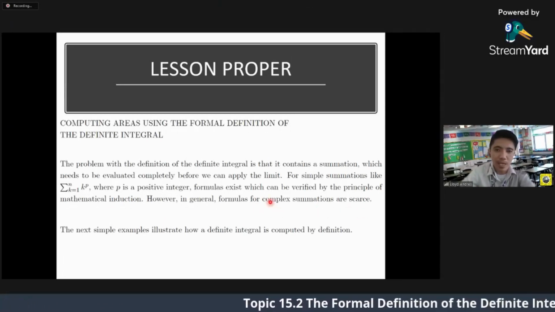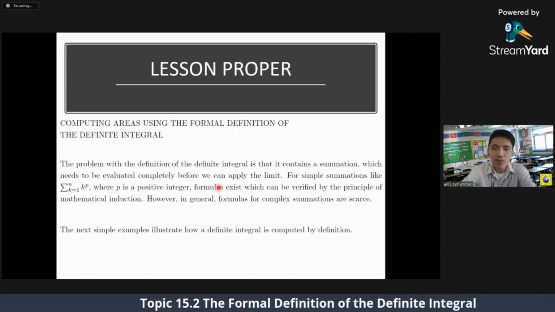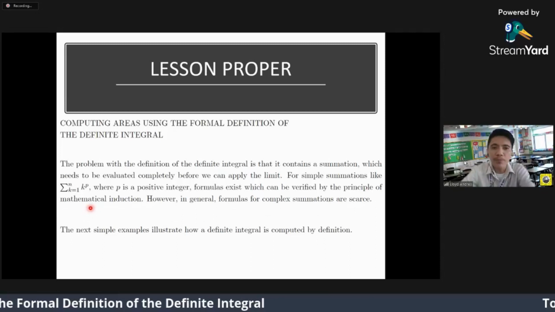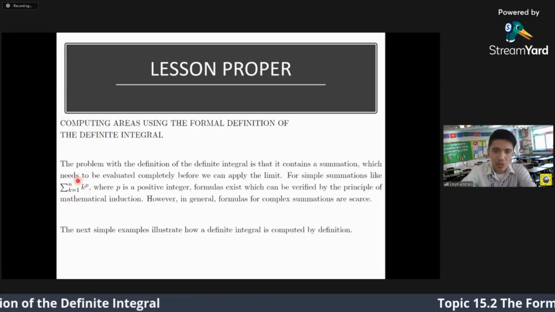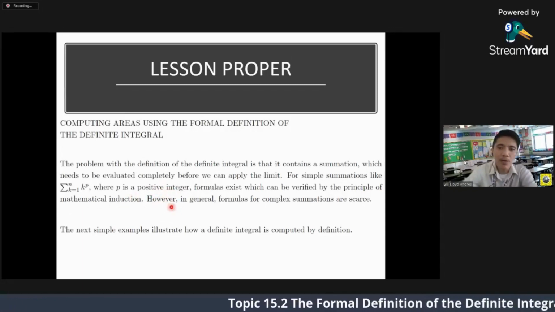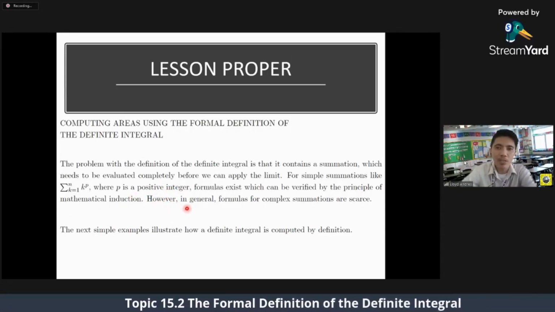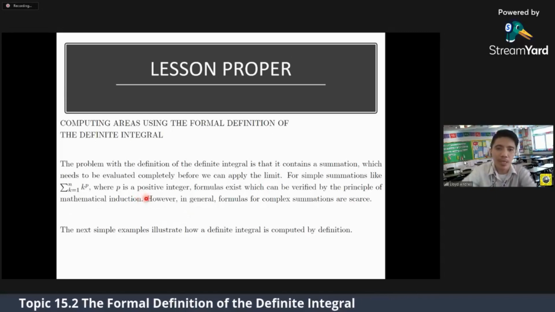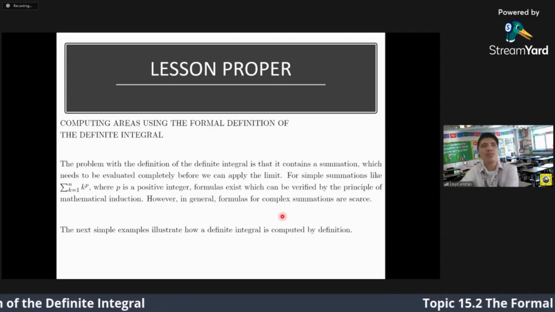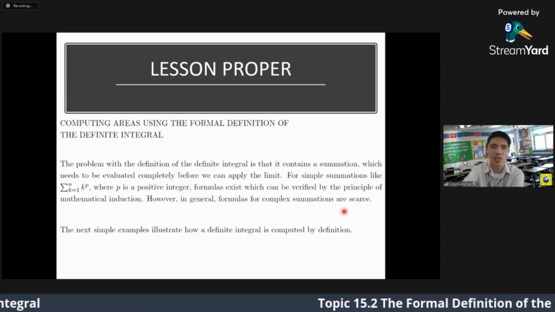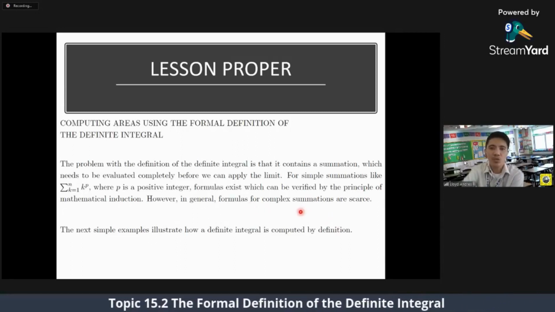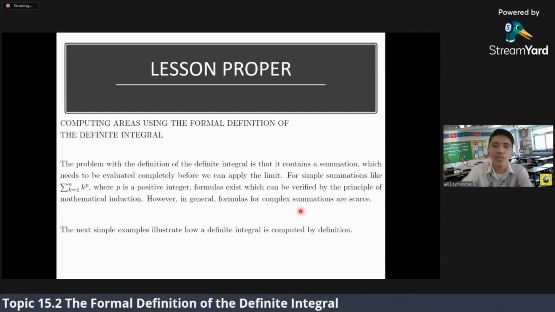So the point here is that before you apply the limit, you should simplify the summation first. There are some formulas you can use for summations, which I will present. But as the word scarce suggests, there are few formulas for complex summations, so we will present only the basic ones.